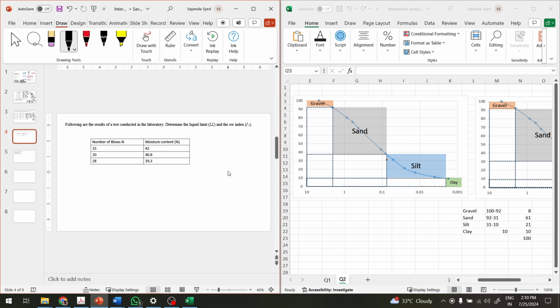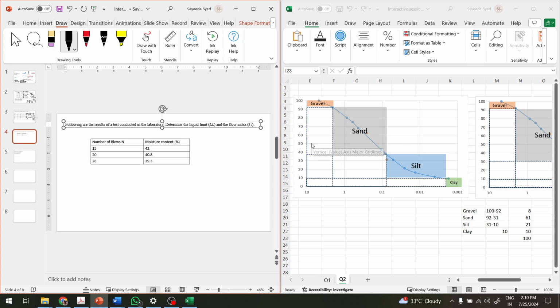Determine the liquid limit and the flow index. Okay, so as you must have studied in the first week, the liquid limit is calculated through a graphical procedure.